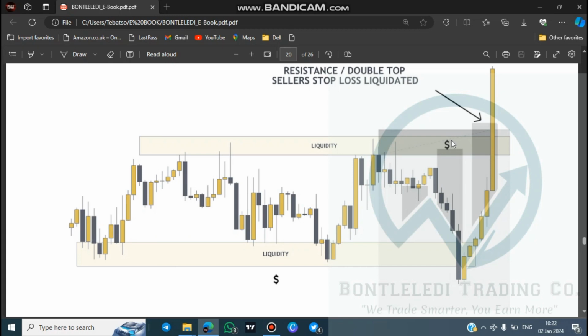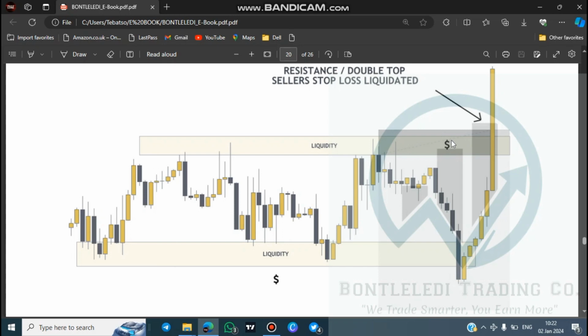Whenever you see those double tops, double bottoms, head and shoulders, that's where you're likely to know this is where the retail traders are going to place their stop losses.